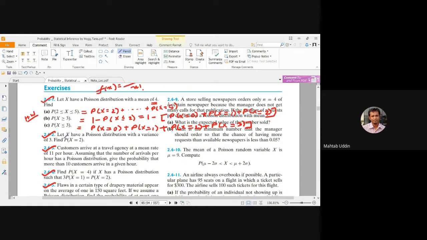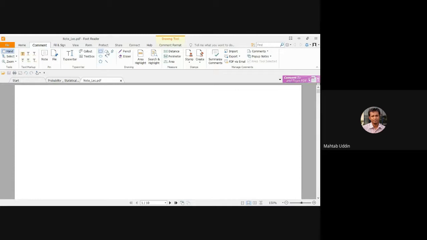Then number 2, let x have a Poisson distribution with variance 3. Variance 3, then find P of x equal to 2. Simple. We know lambda equals 3 here, because in the case of the Poisson distribution the mean and variance are the same.